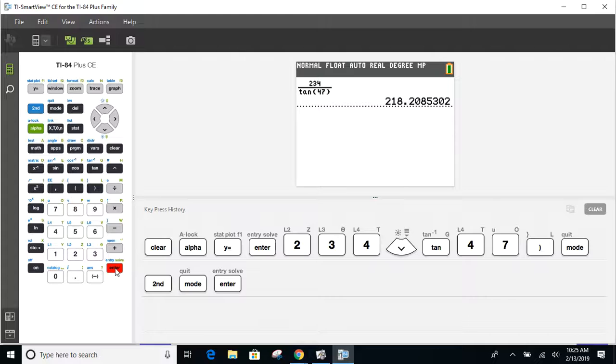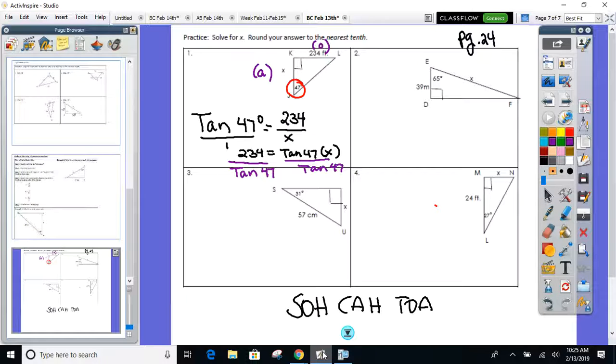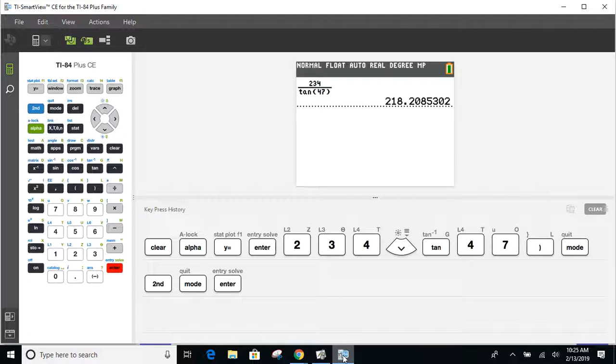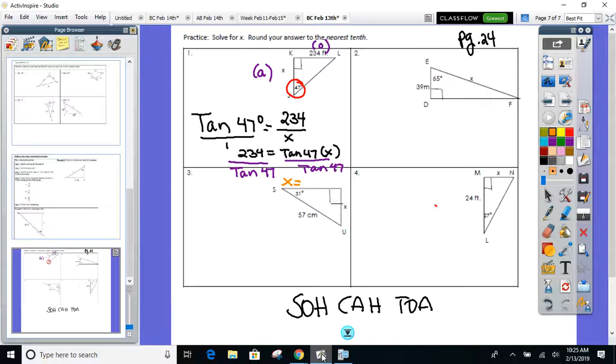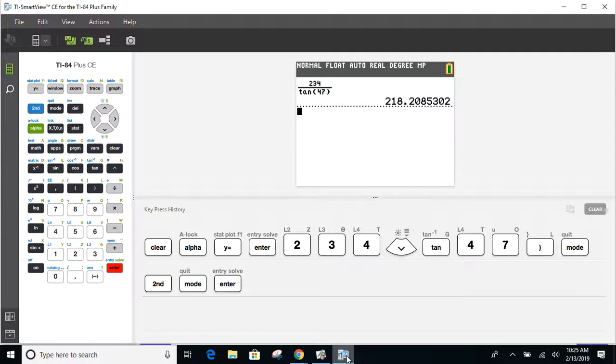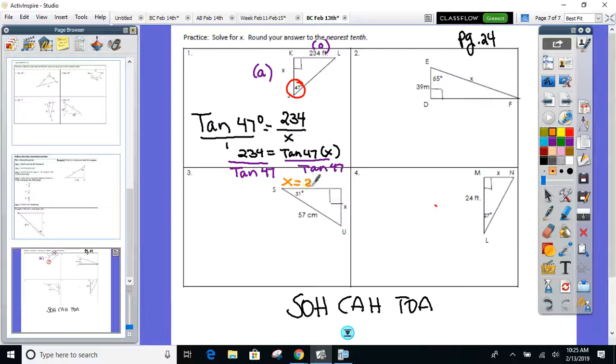There will always be rounding directions, I'm sure. In this case, nearest tenth, oh, hundredth, I'm sorry. We updated it. So 218.21. There we go.